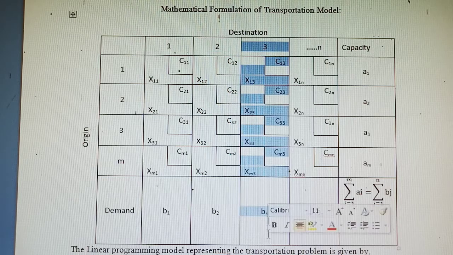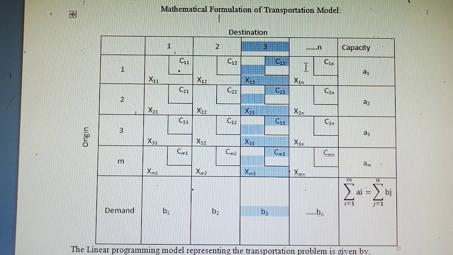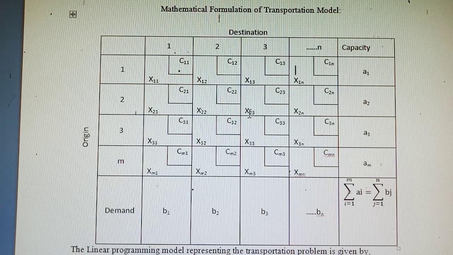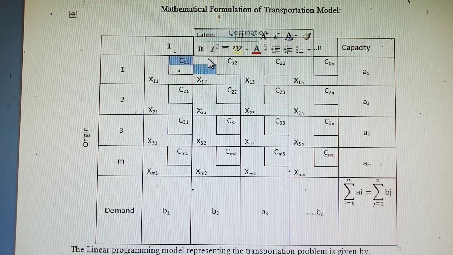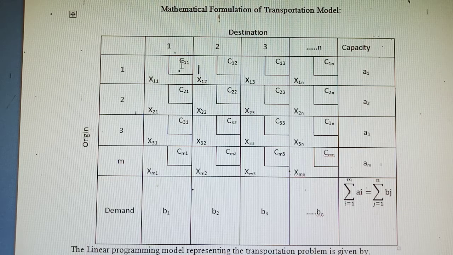In this you take the cost of transporting each commodity from one unit to the destination. In the bracket, the corner cell enclosed is C11. C11 means the cost of the first row and first column. C12 is the cost of first row and second column.